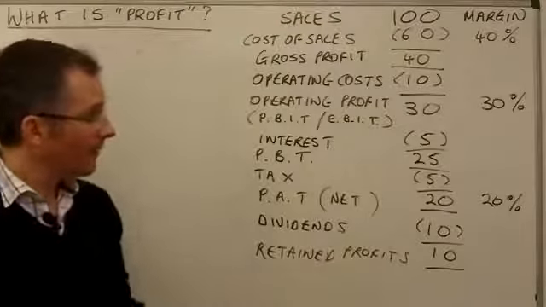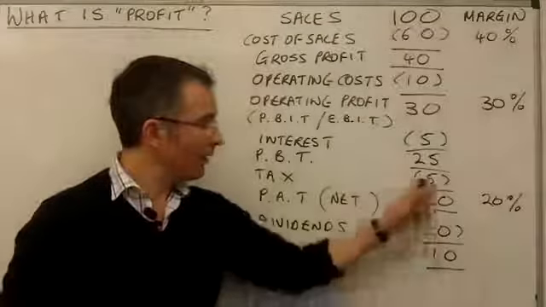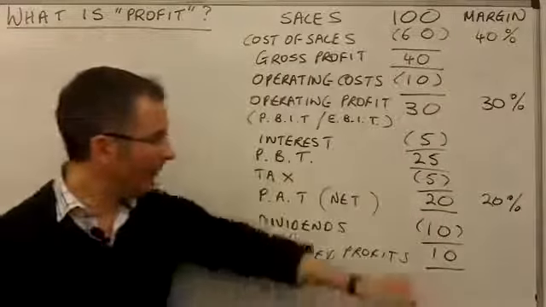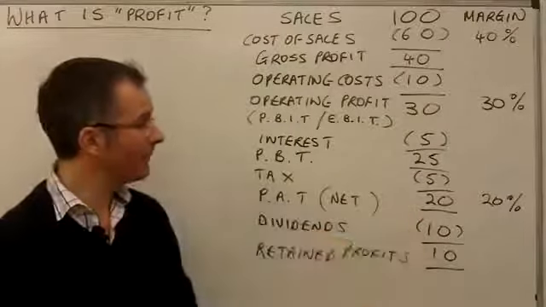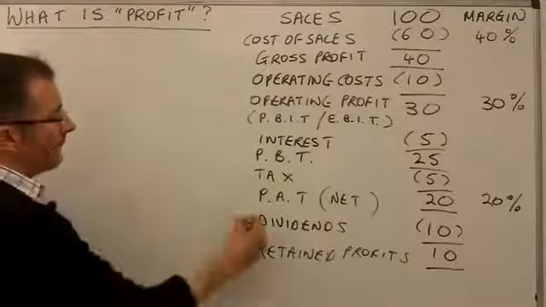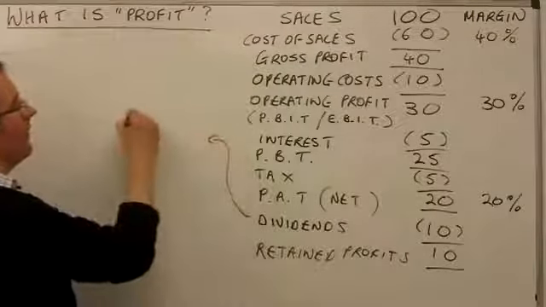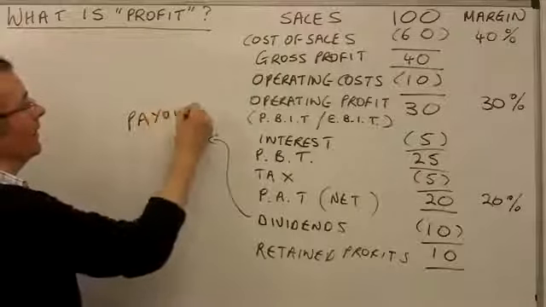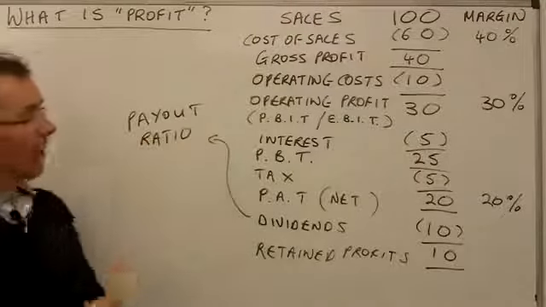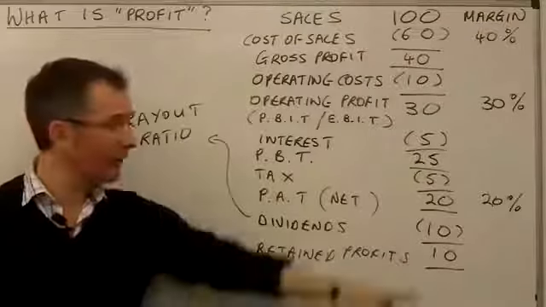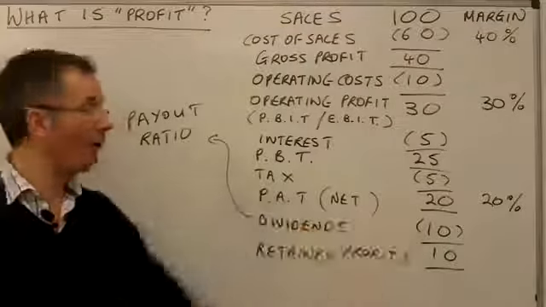And people would look at this and say, well, okay, the directors are paying out half the profit after tax as dividends. So in that case, the so-called payout ratio, that's the amount of profits paid out as a dividend rather than being kept back in the business, is half, or 50%.